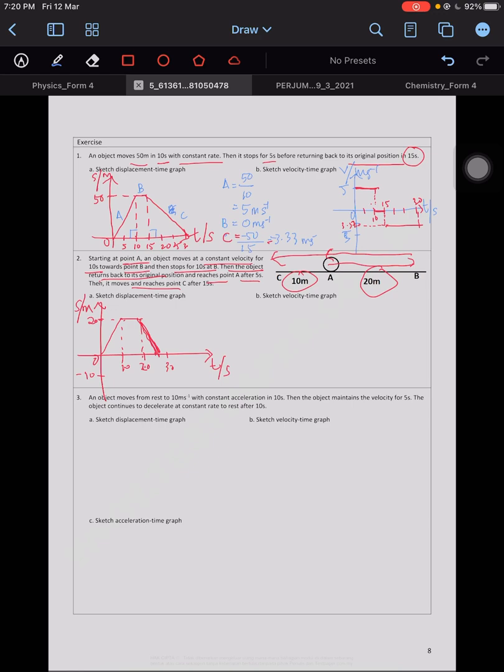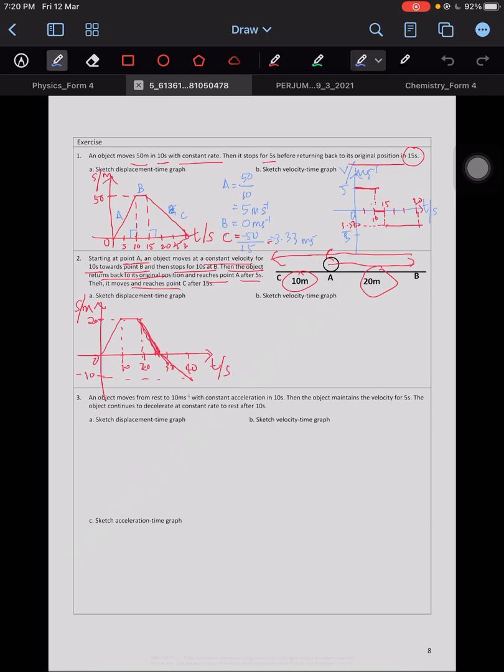Then because it continues, you see, on your left hand side, 30, 40, how many seconds? 15 seconds, 5, 10. So this will be your displacement graph. Okay, now second one, sketch the velocity and time graph.